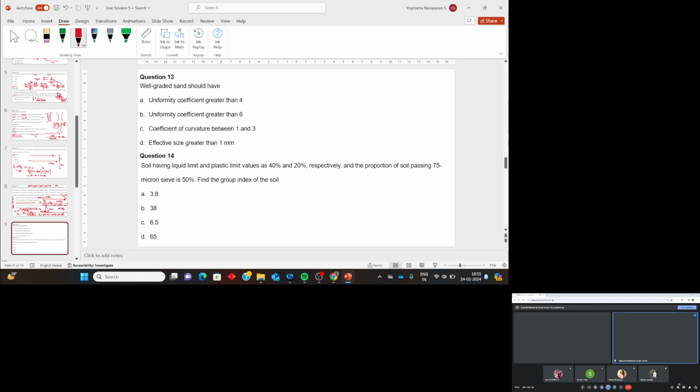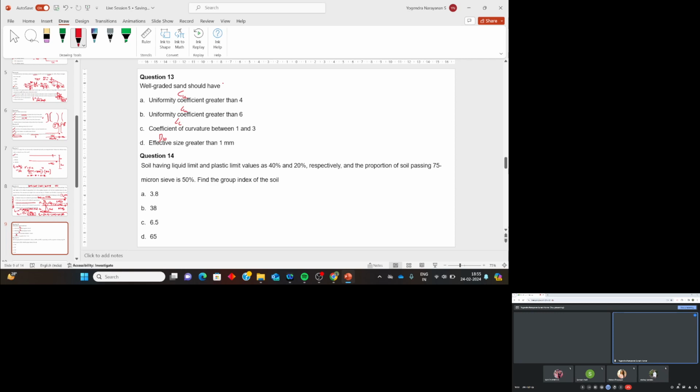So well-graded sand should have uniformity coefficient, that is Cu, greater than 4, Cu greater than 6, Cc between 1 and 3, D10 greater than 1 mm. So it is a multi-correct option. So please keep that in mind and answer accordingly.